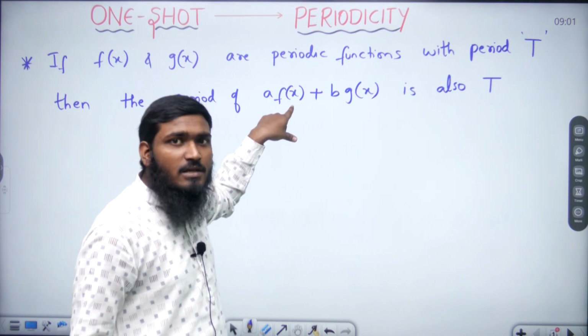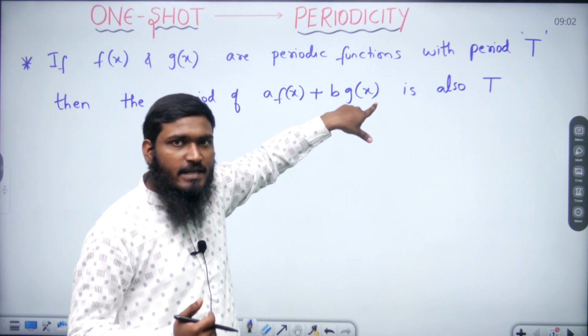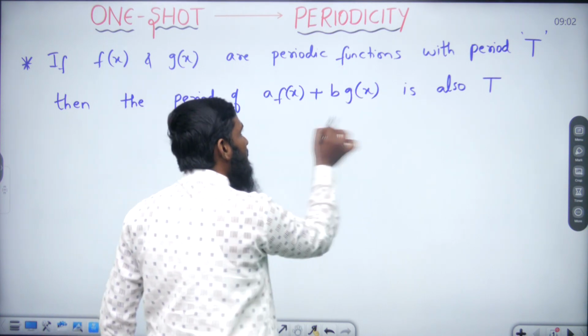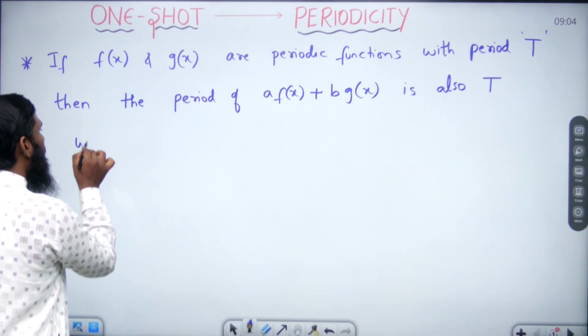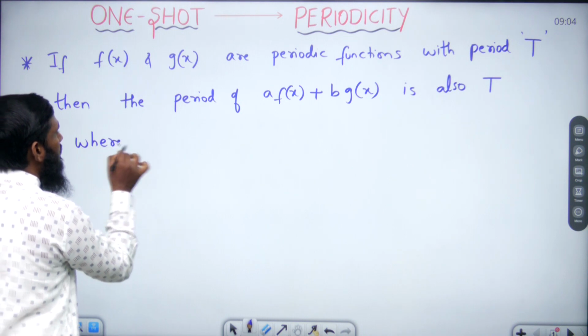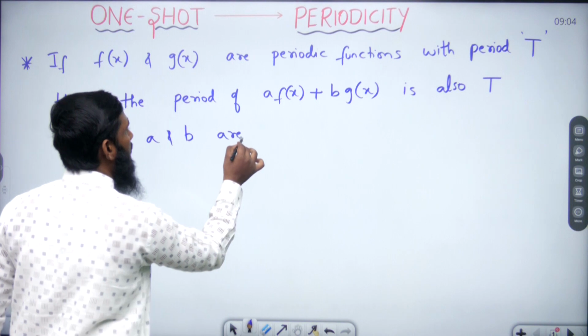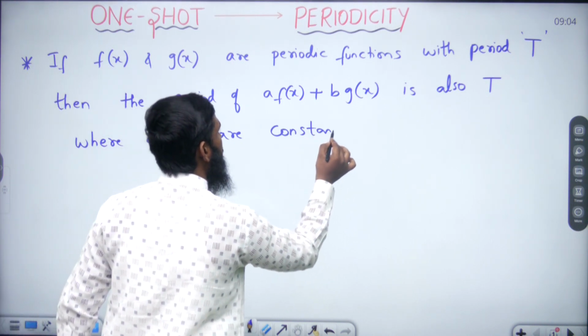For f of x we get some period t, and for g of x also we get the same period. If these two periods are the same, then what will be the period for this complete function? It will also be t, where a and b are constants.